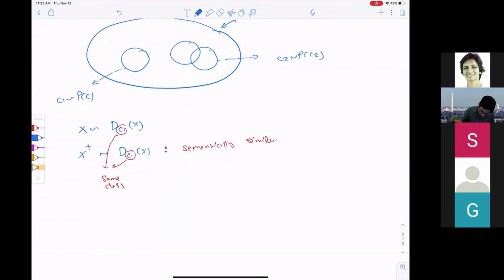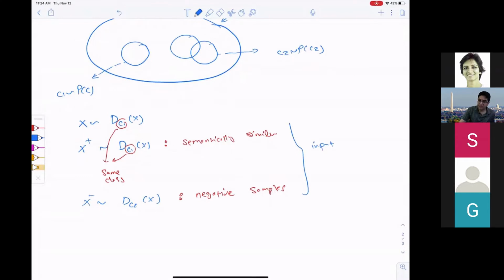And for my dissimilar image, I'm going to draw it from another class. These are going to be my negative samples. Then I'm going to use these similar and dissimilar pairs in a contrastive loss. So that's basically the input for my semi-supervised learning framework.